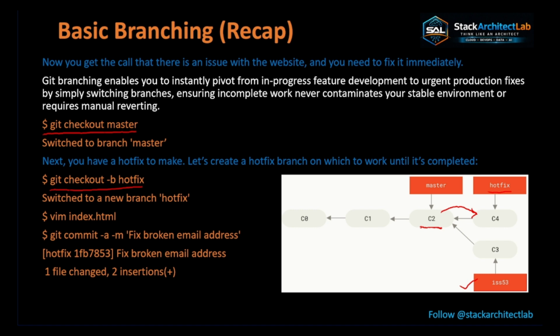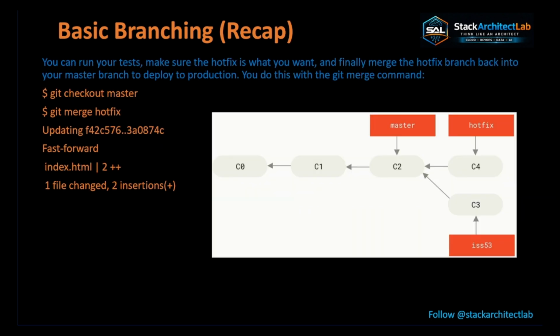Now in this branch also, I can make some changes. I'm saying, fix broken email address, and then I am doing the things here. So this is a real-time problem which any company can give you. This type of problem statement can come: you may be working on one thing and all of a sudden something new comes.